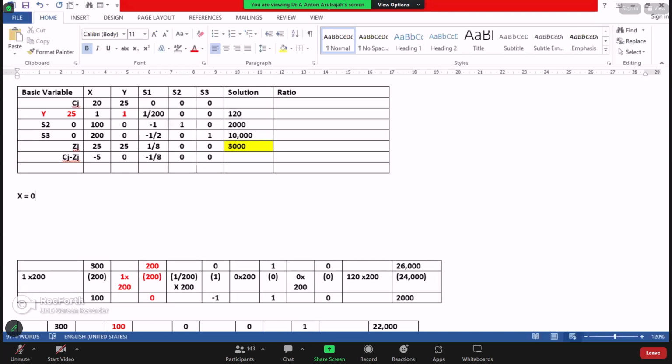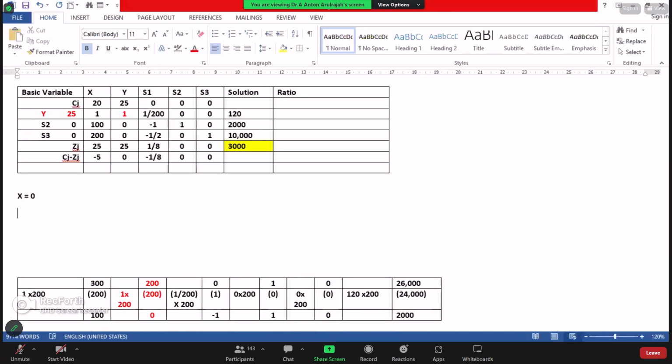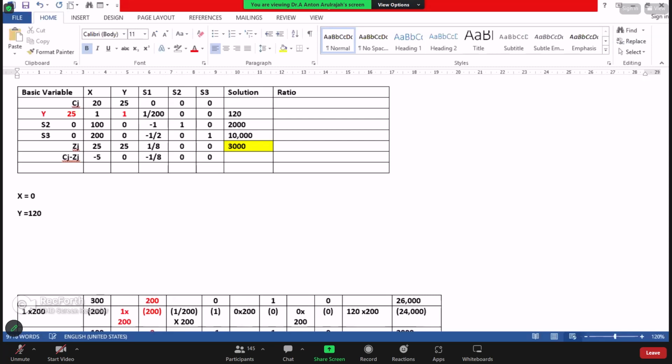And Y equals how much? 120. The maximum profit is rupees 3000. Maximum profit is rupees 3000. Right? The maximum profit is rupees 3000.